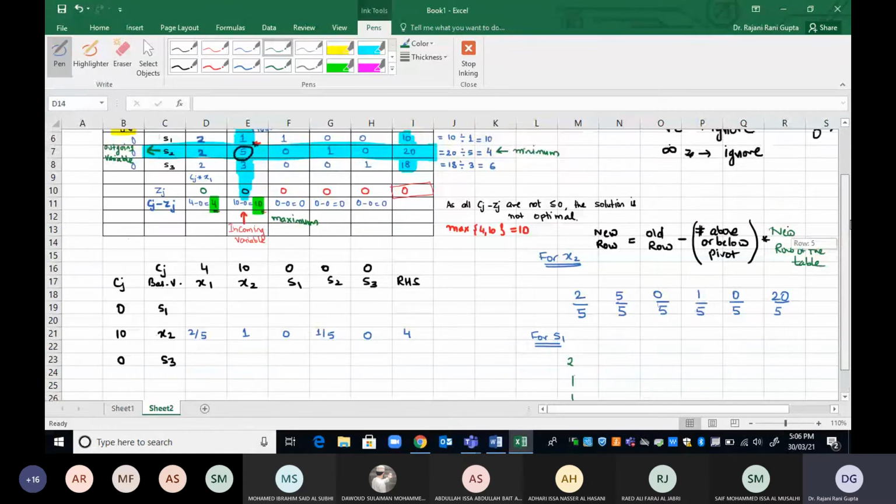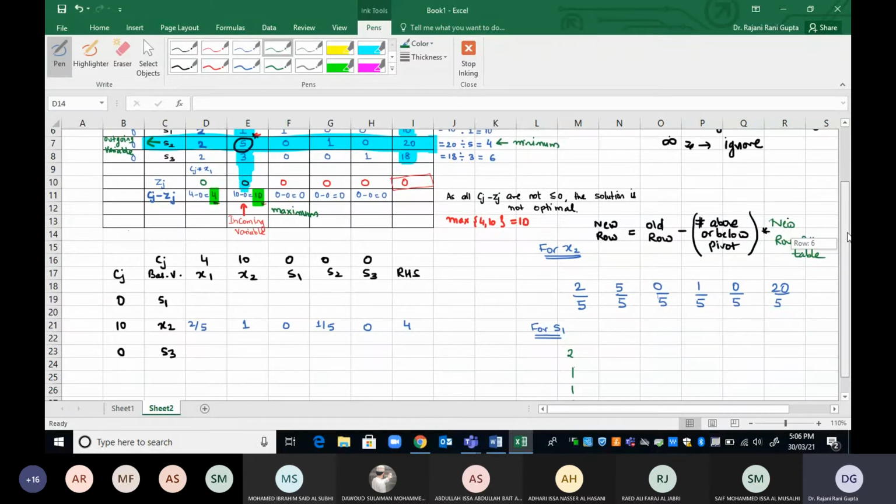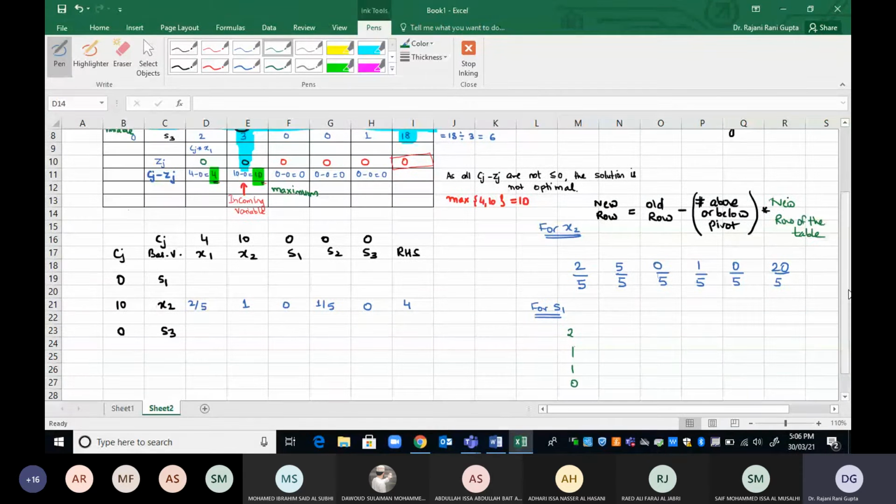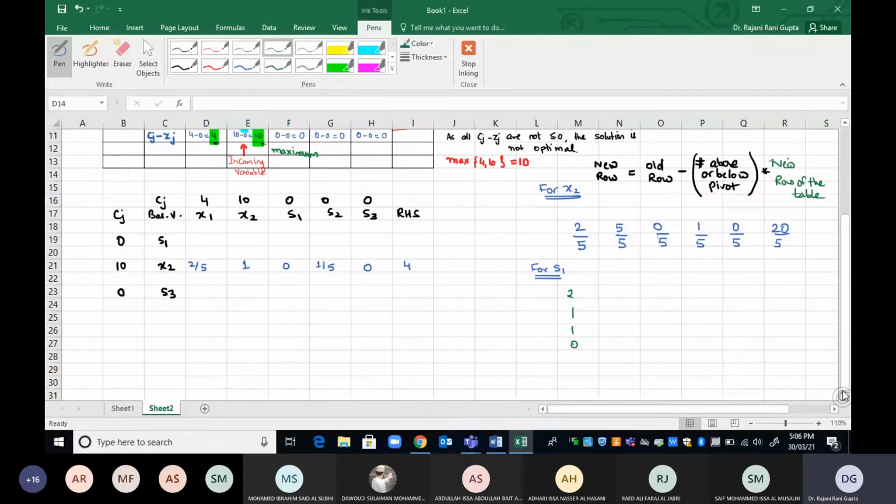With all. What we are doing: number above or pivot element. Now S1, the position of S1 is above X2. So here we take the number above the pivot number, which is 1.